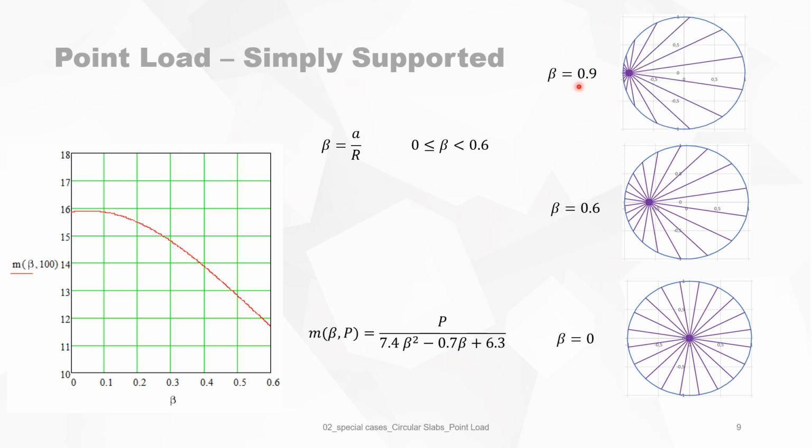And for instance, for beta equals 0.9, this is not a realistic yield line system, because this load will in practice always go directly to the support instead of to the other side. So for beta equals 1, of course, the function is not defined because there is no load on the slab. And beta must be smaller than 0.6, otherwise you have a non-realistic yield line.